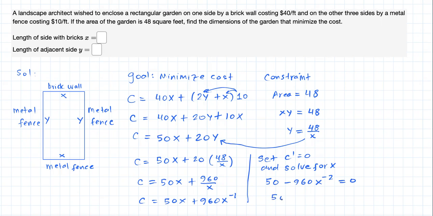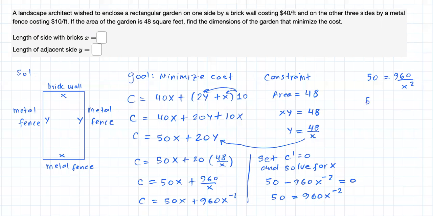This leads to the following: 50 equals 960 X raised to negative 2, which is just 50 equals 960 over X squared.